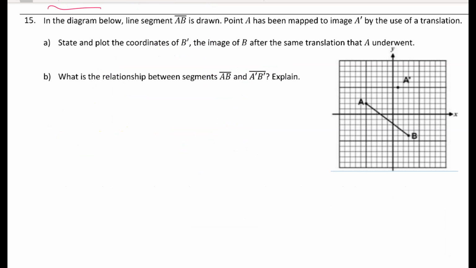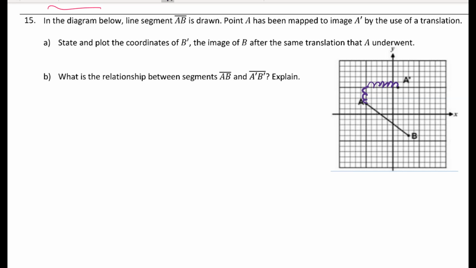In the diagram below, line segment AB is drawn. Point A has been mapped to image A prime by the use of a translation. State and plot the coordinates of B prime after the same translation. So A went there, and you could just count the boxes and say, okay, I went up 1, 2, 3, and I went 1, 2, 3, 4, 5, 6 to the right.